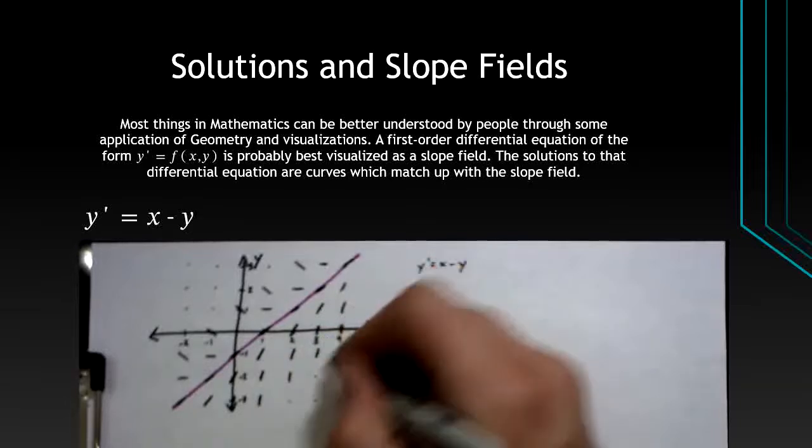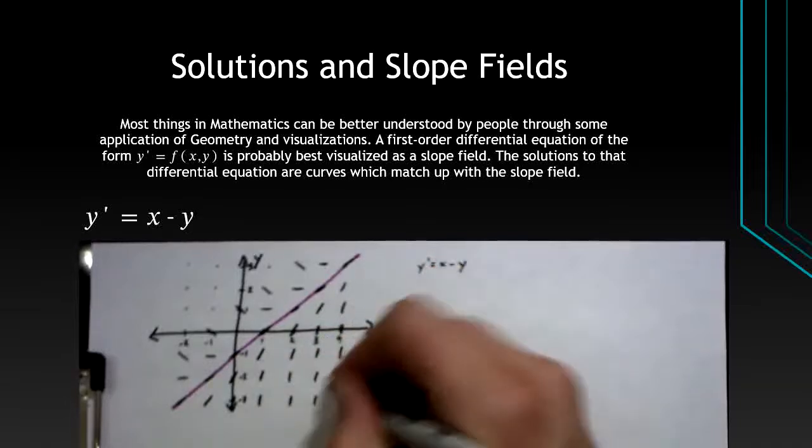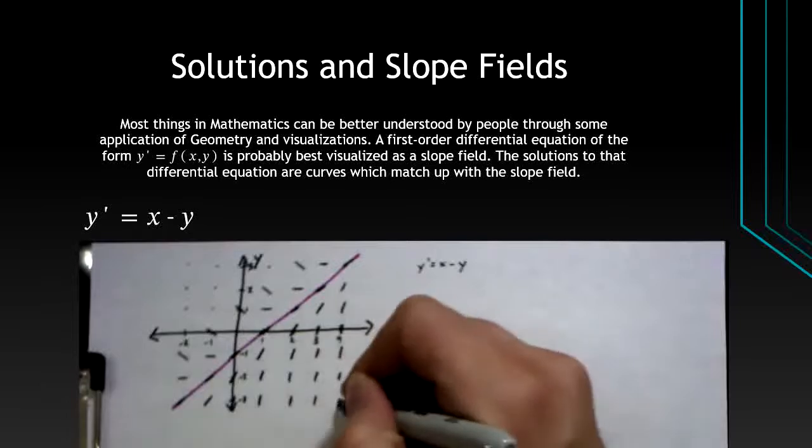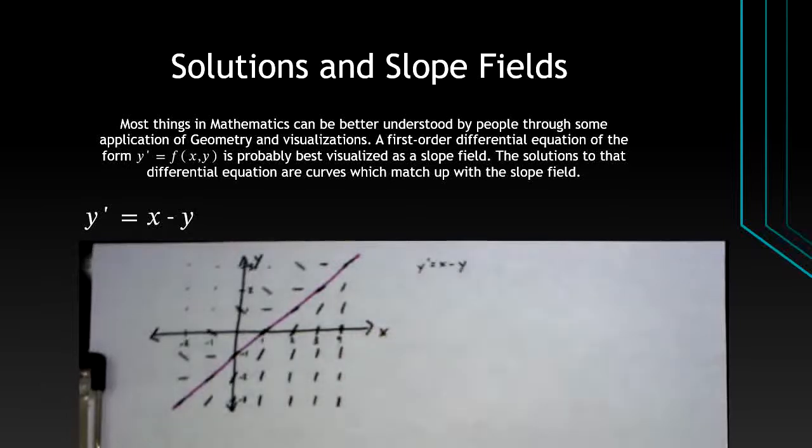5, 6, 7, right? I can't necessarily tell exactly what the slope is based on the way that I'm drawing. I'm just doing my best to get what this is going to look like.